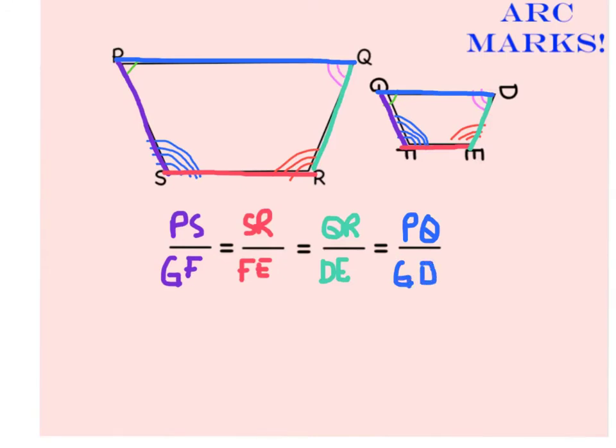So you'll notice that for each one of these, I always put the sides of the large figure on the top of my proportion statement and the sides of my small figure on the bottom. Okay, I need to make sure that I maintain that throughout my statement. So I don't want to have some of the large pieces on the top and some of the large segments on the bottom. That would be incorrect.